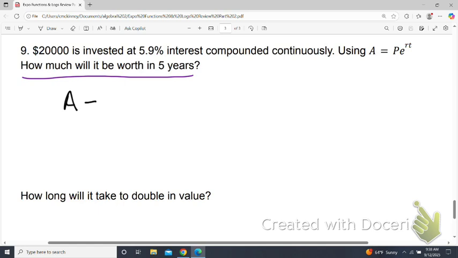The new amount, our principal is this 20,000. Yep, 4 zeros. And then that's going to get multiplied times e, and then the interest rate, 0.059, times the time are both in the exponent. Both in the exponent.